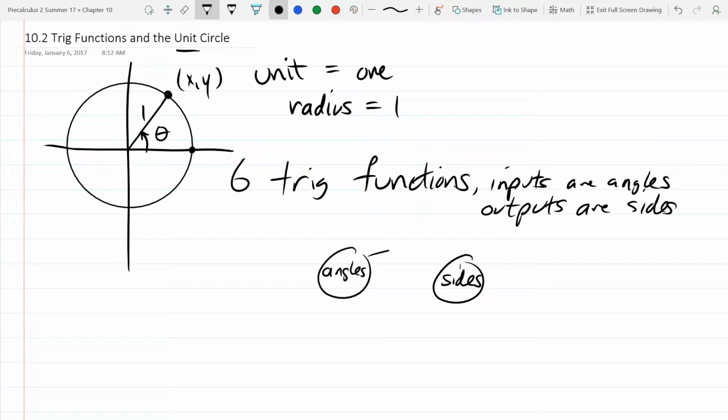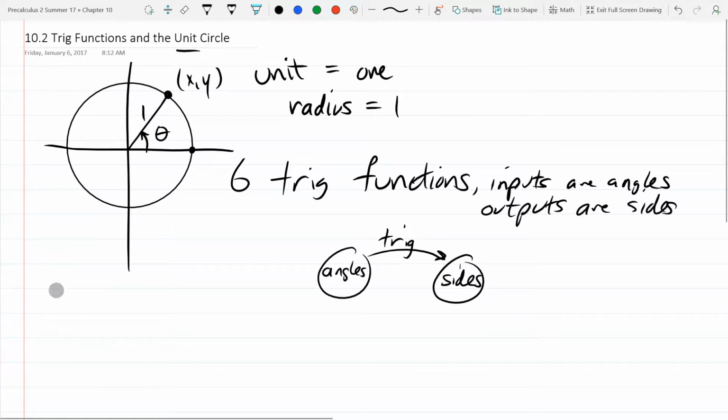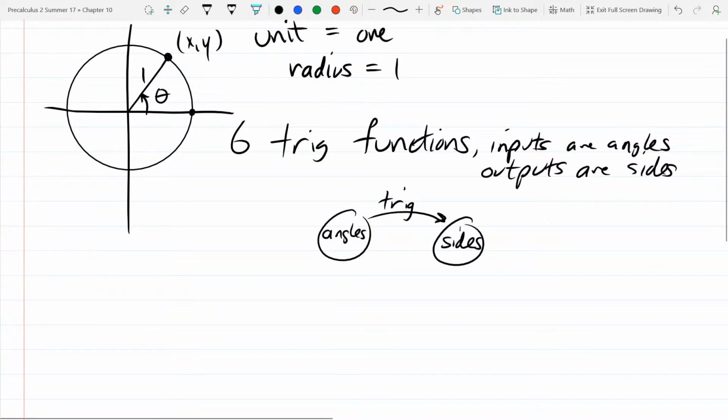So basically every trig function inputs or eats an angle and outputs or spits out a side. Or, well, you'll see ratios of sides. So it's a good way to think about trig functions. Their inputs are angles, their outputs are some sides. So there are 6 trig functions.